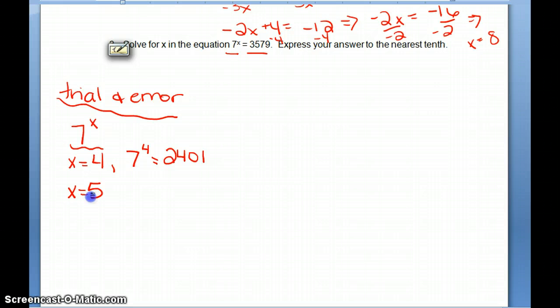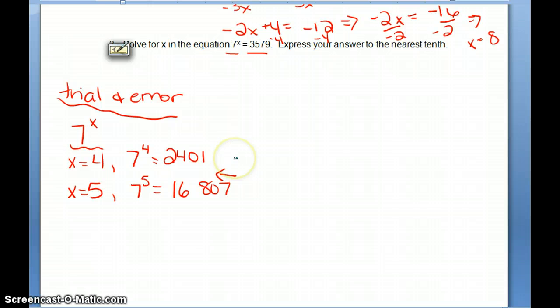So let's try x is equal to 5. Put 7 to the power of 5 into your calculator, and you should find that we have 16,807. That was quite the jump. But now what we know is that our x value that will make this true is somewhere in between.